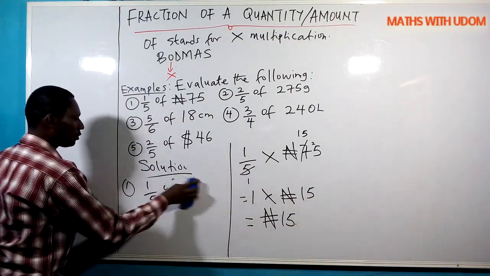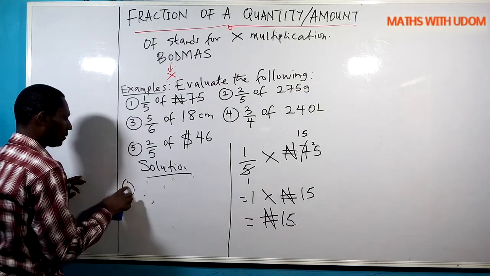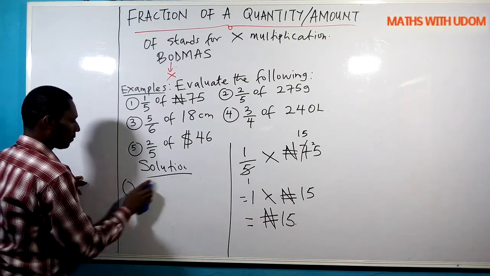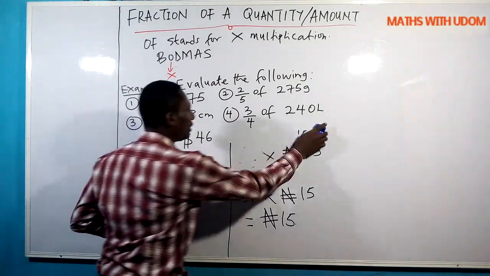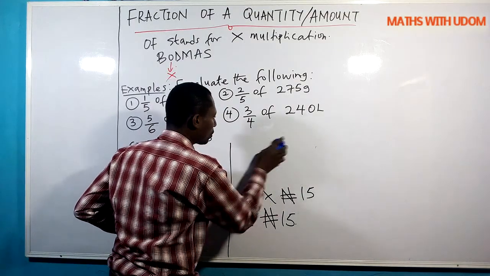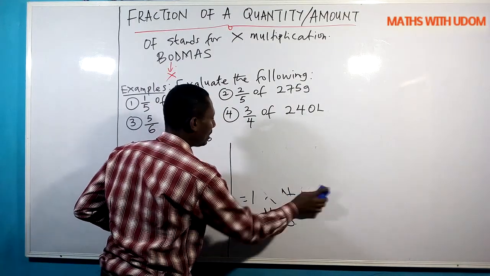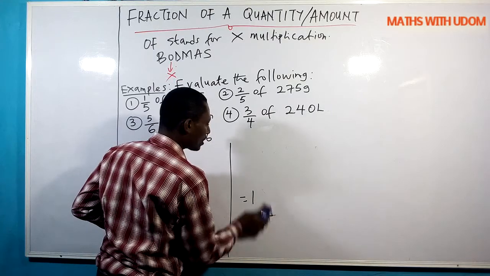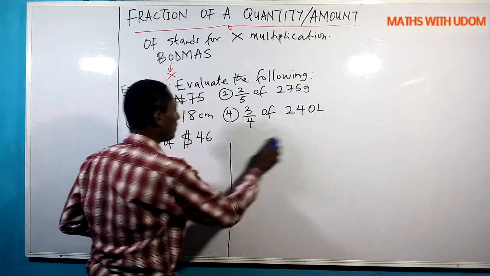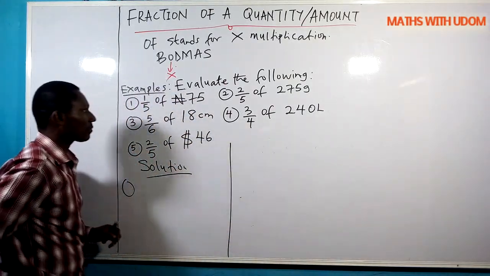Solution for example 2. So what do we have in example 2? What we have there is a quantity, not an amount this time. A quantity. So let's start.